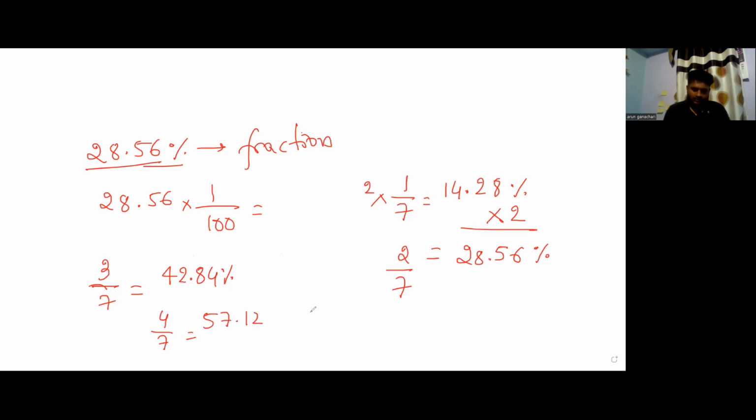These are also very famous examples, the 1 by 7 series. 5 by 7 is 71.4 and 6 by 7 is 85.6. These are all percentage values. So remember these things.